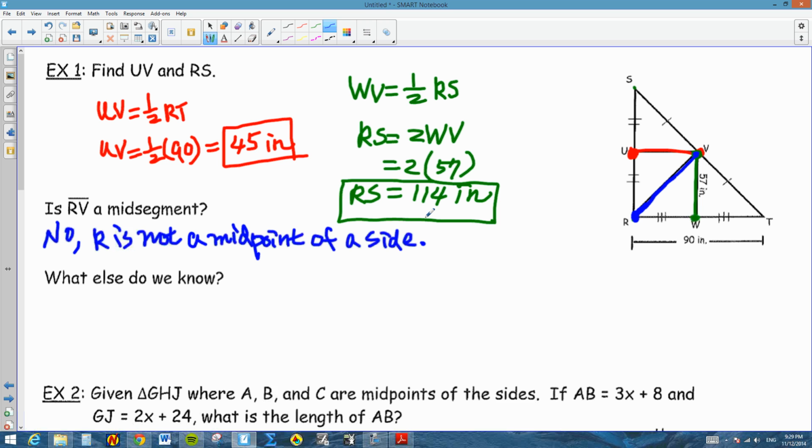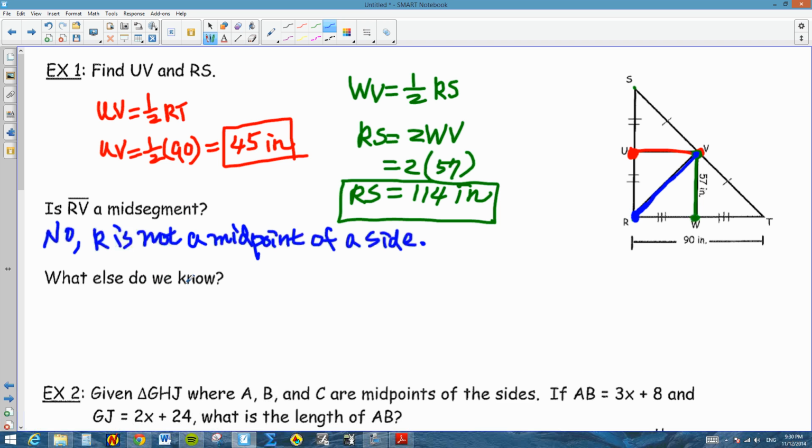By definition, you need to connect two midpoints together to get a midsegment. Since V is a midpoint but R is not, RV is not a midsegment.